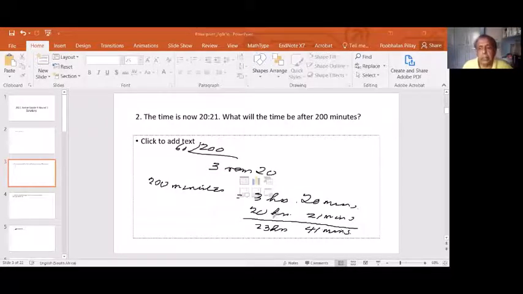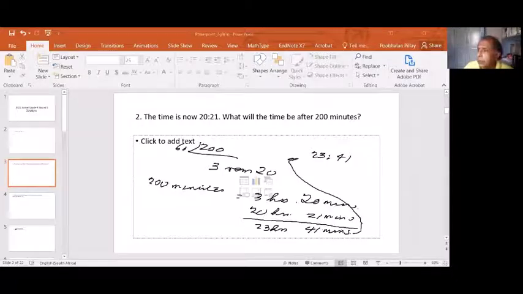So the answer is 23 hours and 41 minutes. And to write it in the same notation as this, it's nothing else but 23, the colon, and 41. So the answer is 23:41. All right.